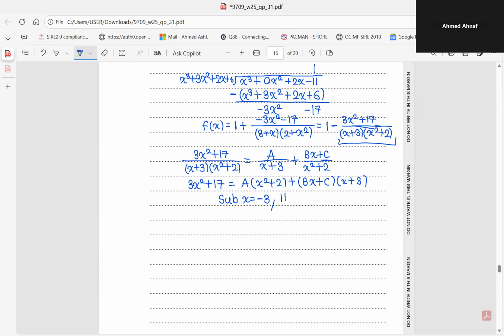So you get 11a equals 3 times -3 squared. -3 squared, you get 9. So 3 times 9 is 27. 27 plus 17 should be 44. Okay, perfect number. And then you would get a is equal to 4.